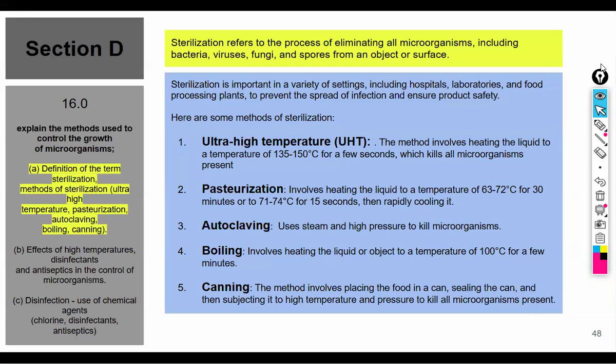Okay, and it's also very important in foods. If I buy milk, I want to make sure the milk I buy in the grocery doesn't have any bacteria or any living organisms in it. I want pure, healthy milk. How many of you have seen this UHT milk?